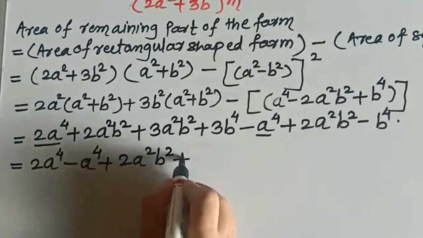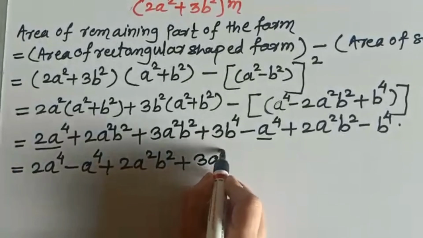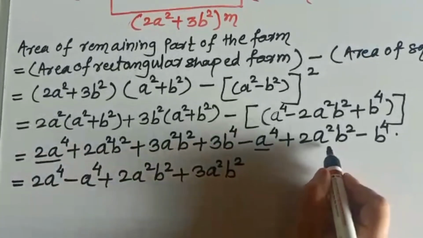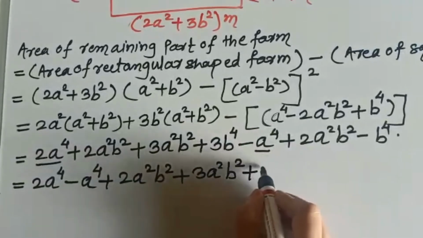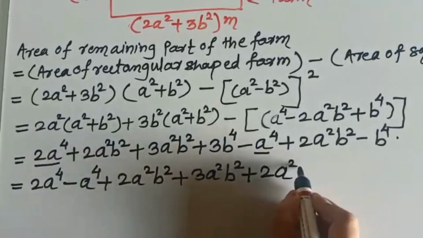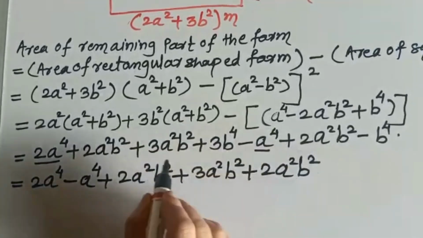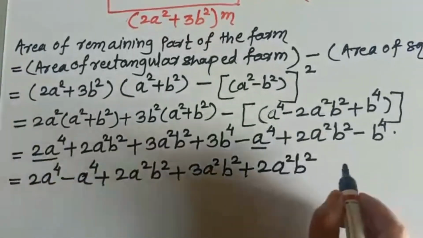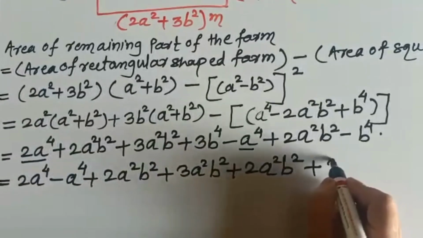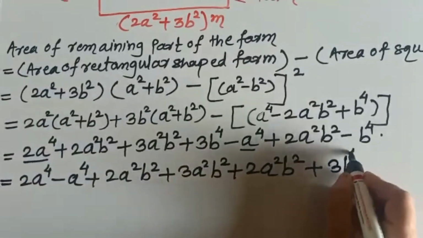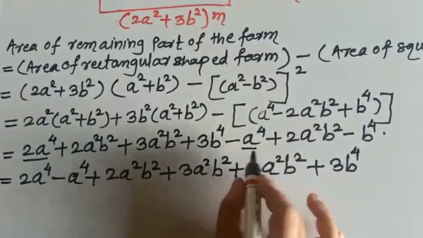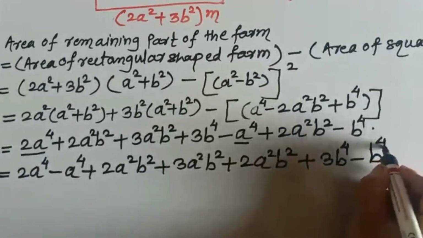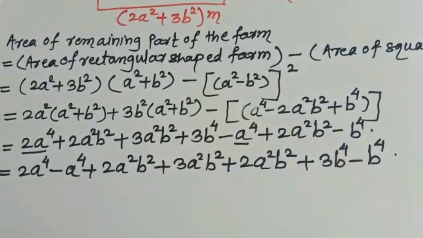This one, plus 3a square b square. Is there one more term? Yes, 2a square b square, so arrange it. Then after writing this one, we are taking 3b raised to 4. For this 3b raised to 4, is there any like term? Yes, it is minus b raised to 4. Got it?